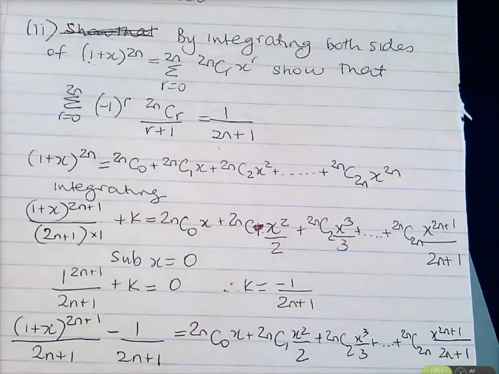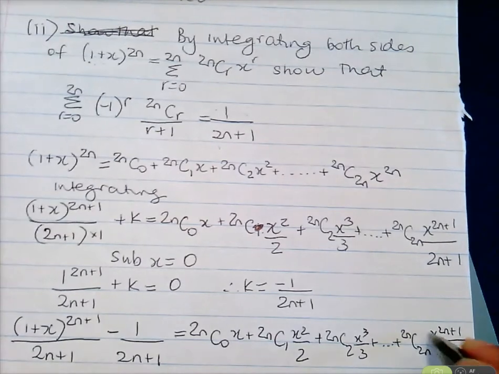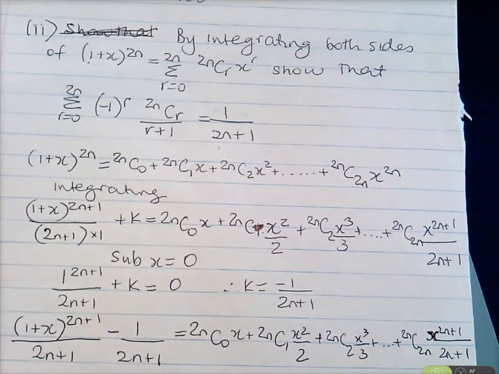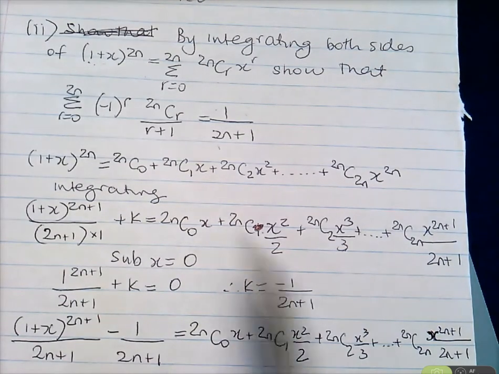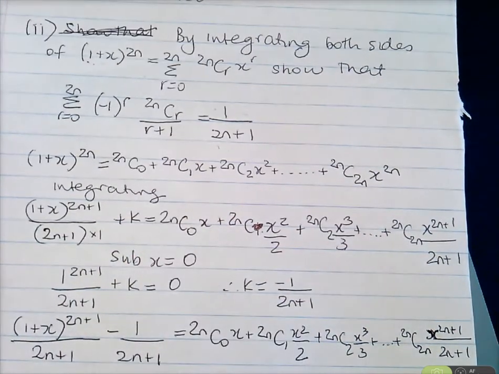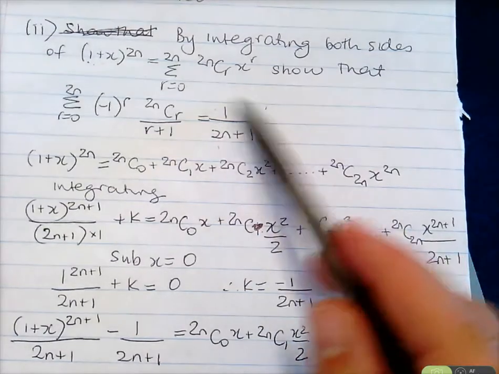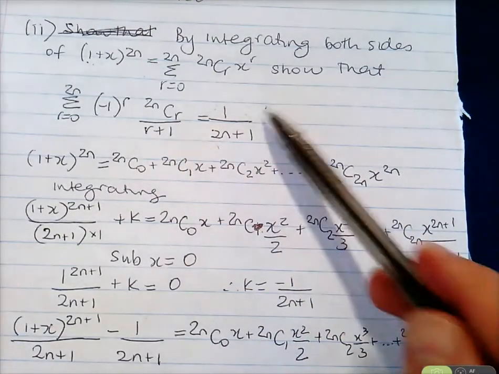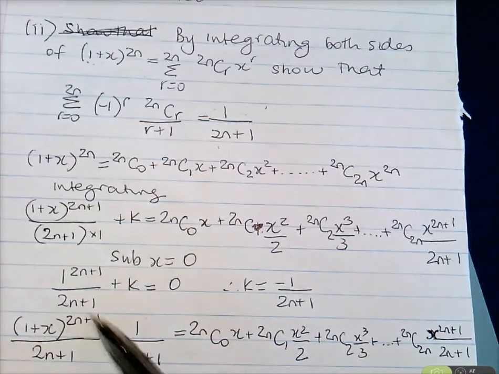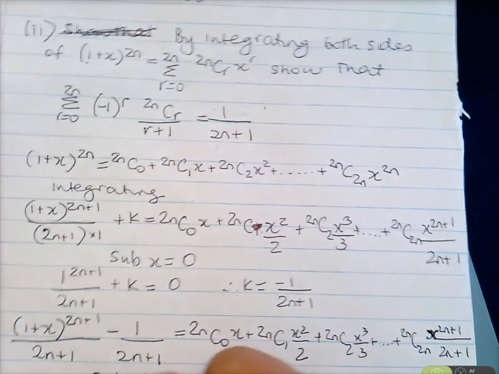Now we're trying to get that result up there. There's got to be some substitution for x, and I can see a negative 1 to the r. We must be substituting x is negative 1. The other thing is we've only got a 1 over 2n plus 1 left on this side, and if x is negative 1, this whole thing gets wiped out. So we're going to sub x is negative 1.